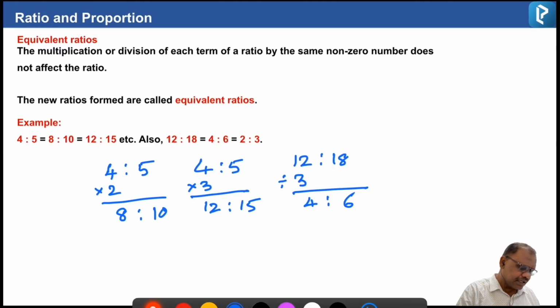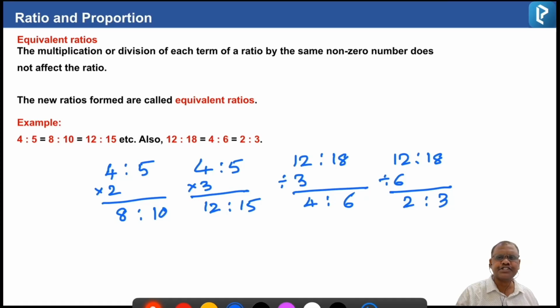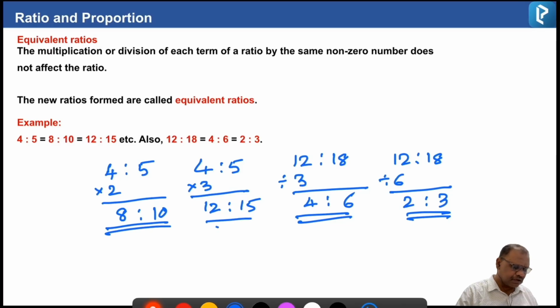Or if both the terms are divided by 6, 12 divided by 6 is 2 and 18 divided by 6 is 3. So this is another equivalent ratio. In this way, we can find an infinite number of equivalent ratios of a given ratio by multiplying or dividing.